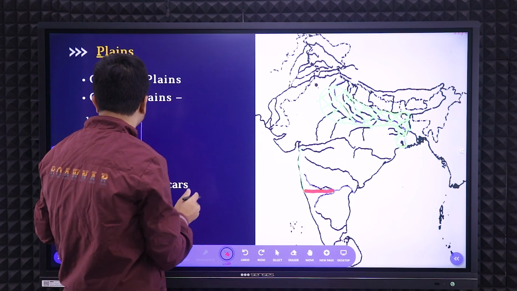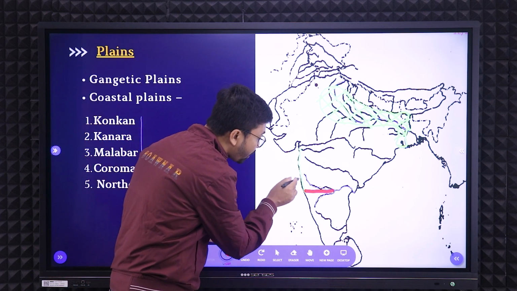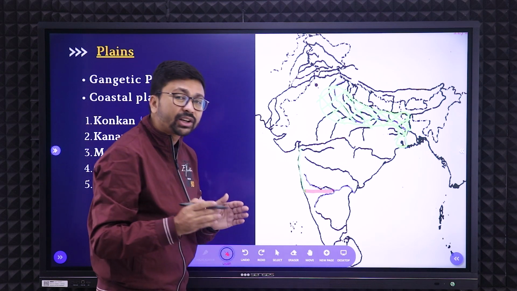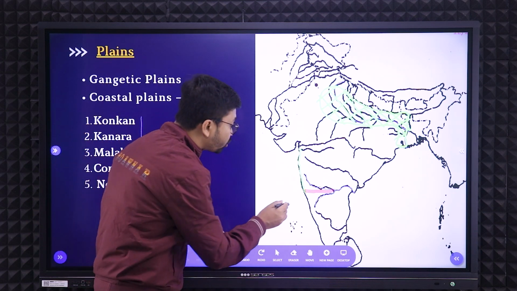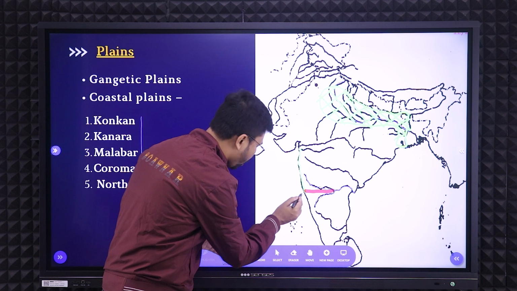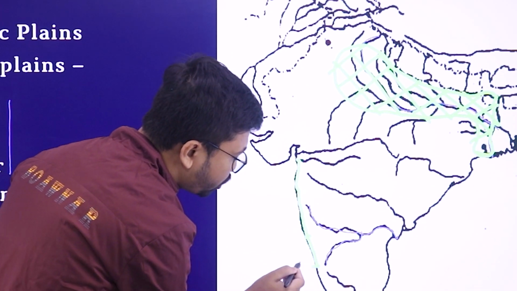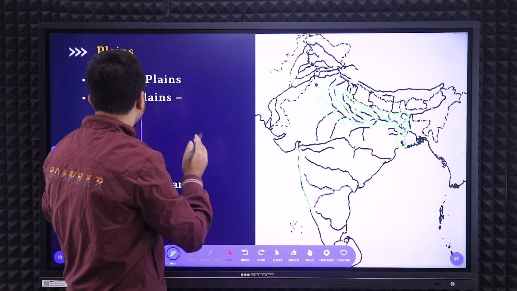After that comes Kannada. Kannada will start from that particular point and go below, up to the Tungabhadra river source. So from here to here will be the Kannada coast.